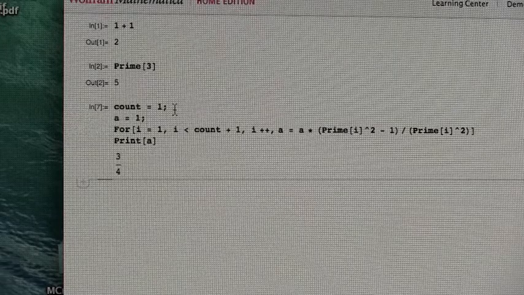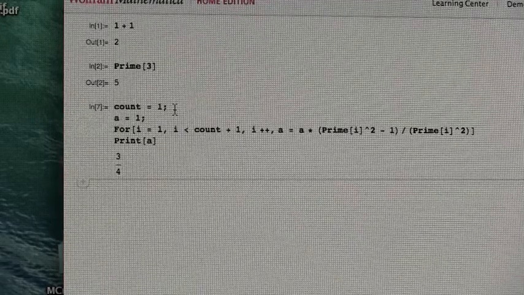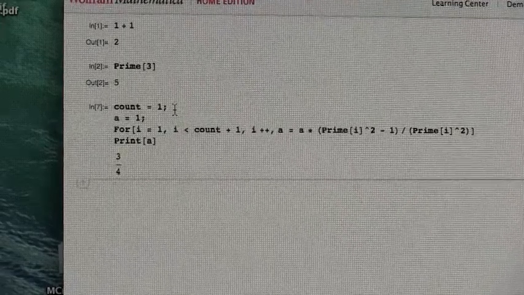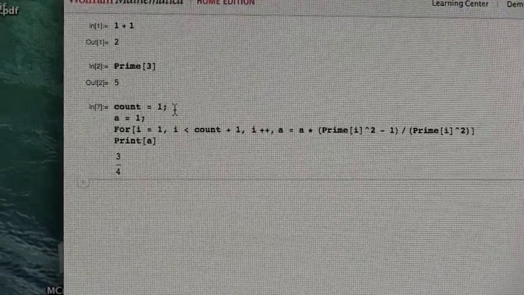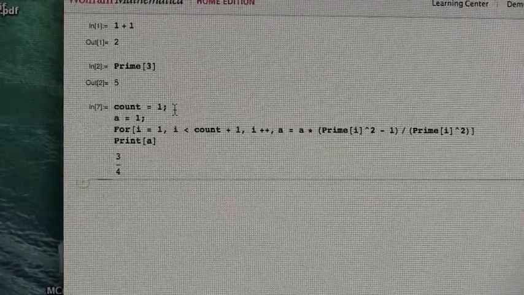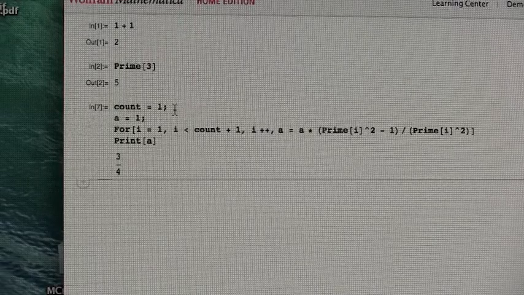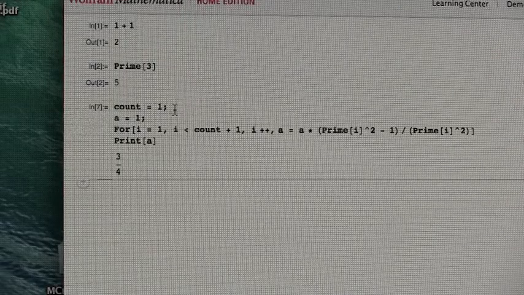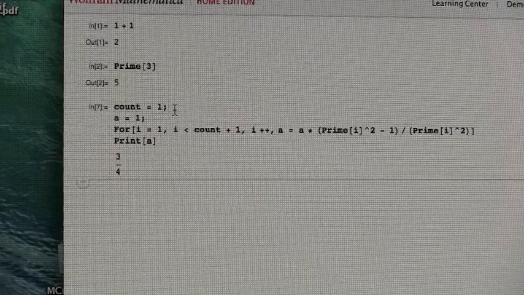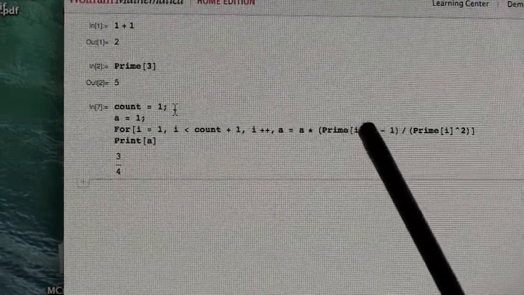So how do I tell the computer how to make that number? So we have prime squared minus 1, and then prime squared. Where do those go? The numerator is prime squared minus 1, and the denominator is prime squared. Very good. And that's exactly what we have.